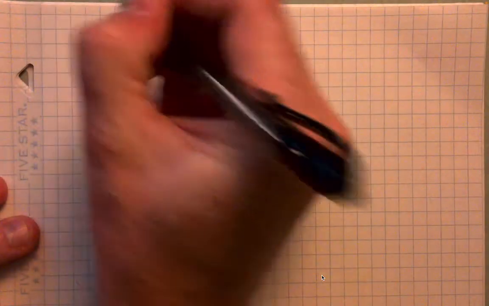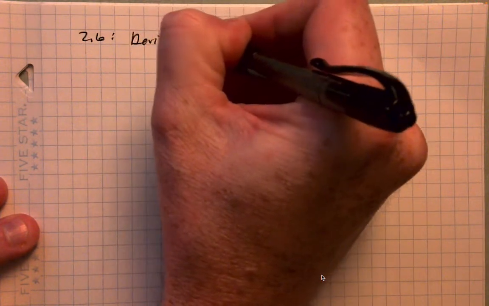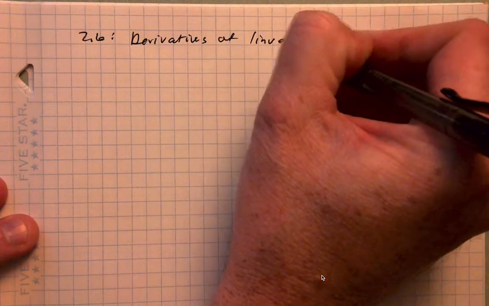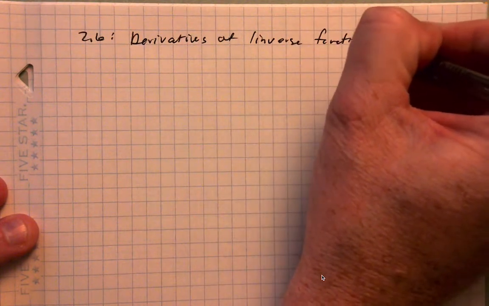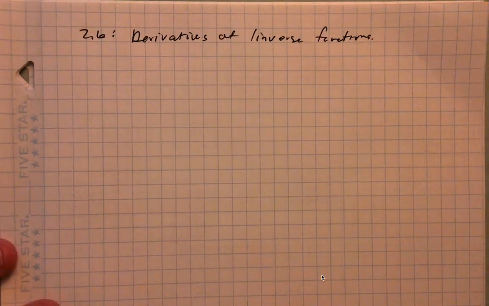We'll call this 2.6, derivatives of inverse functions. So let's just start with the facts here.